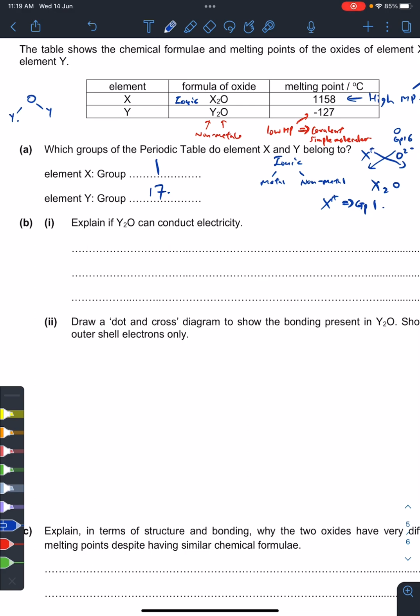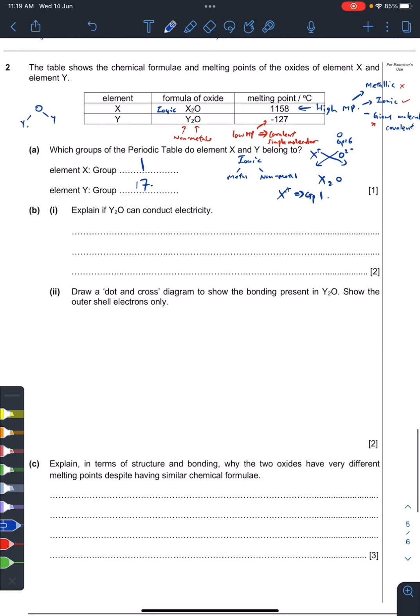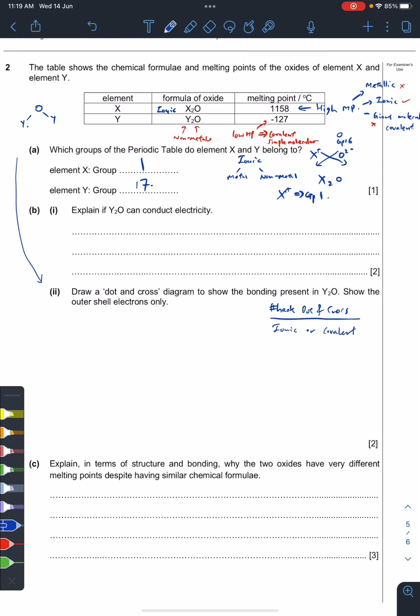Okay, I will do part 2 first. So when you draw dot and cross, if you remember, the most important question is you figure out whether it's ionic or covalent. If it's ionic, you must have ions.